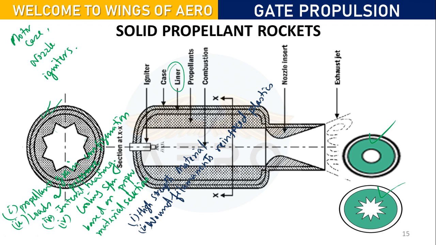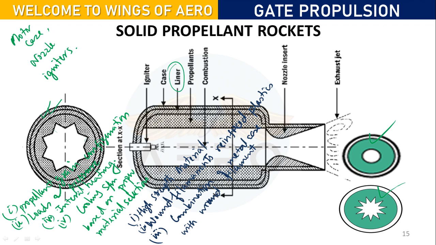Okay, so such kind of questions you can get, so you should know what are the possible things that are used. Then the third one is the combination of metal case with wound filament. Okay, so first is high strength materials, wound filament reinforced plastic, then the combination of both. Right?